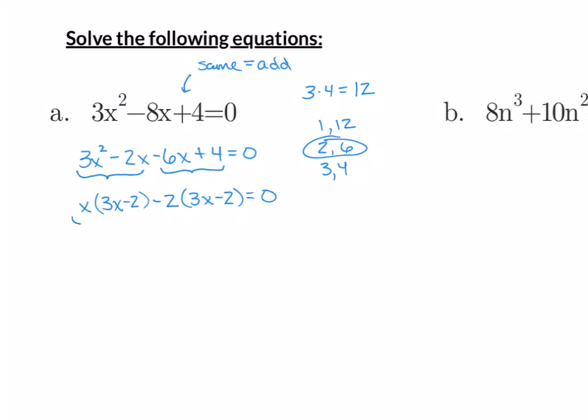And now if we factor out the common binomial, we are left with 3x minus 2. The first thing, if I get rid of 3x minus 2, I'm just left with x. And second thing, if I get rid of 3x minus 2, I am left with minus 2.